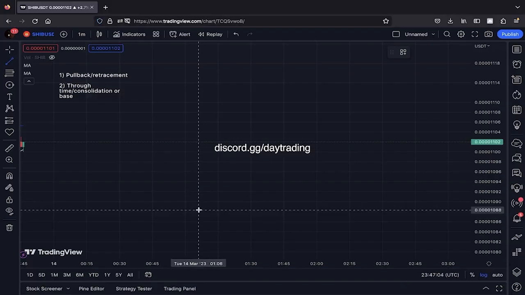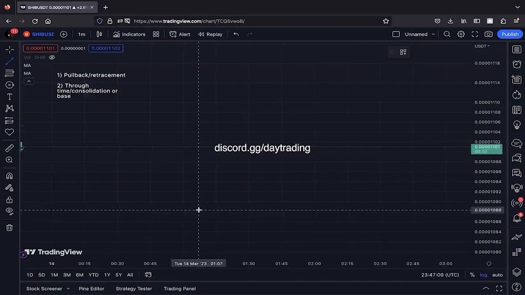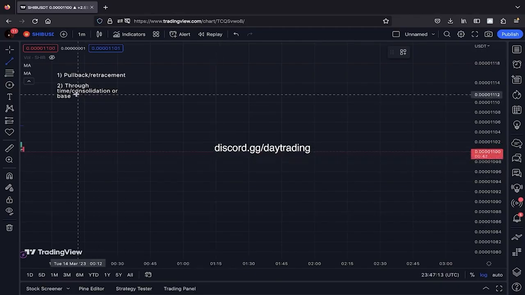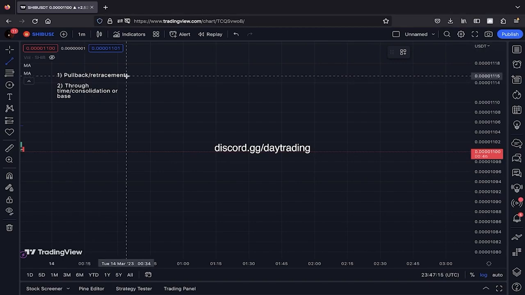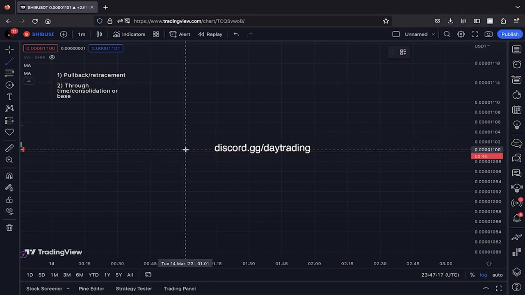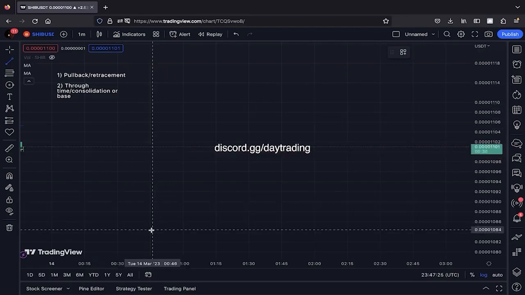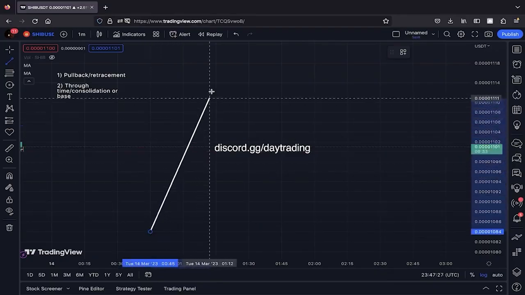At some point, we are going to have some sort of price correction. And that price correction could happen in two different ways. It could either happen through a pullback or a retracement, or it can happen through a consolidation or a base. So let's first talk about the pullback, right? So let's say we have a really bullish rally, right?